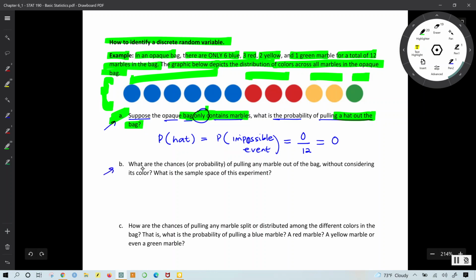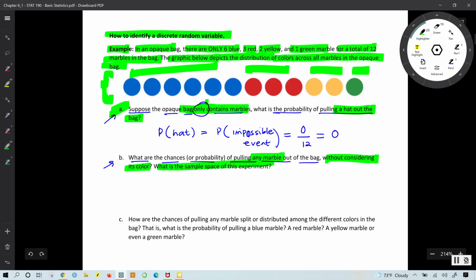Question B. What are the chances or probability of pulling any marble out of the bag? Emphasis on the word any, without considering its color. What is the sample space of this experiment? To begin with, the sample space of this experiment would be either pulling a blue marble, a red marble, a yellow marble, or even a green marble.